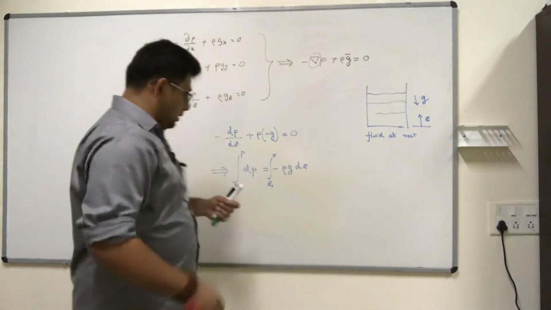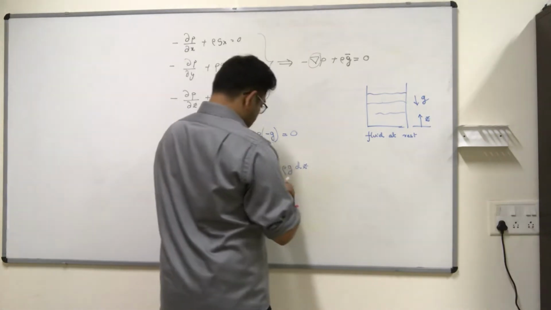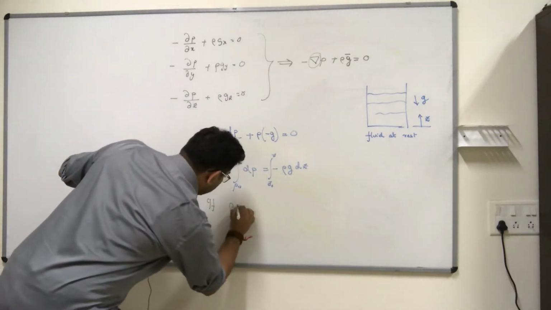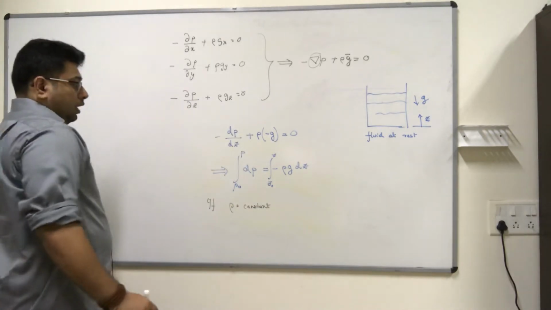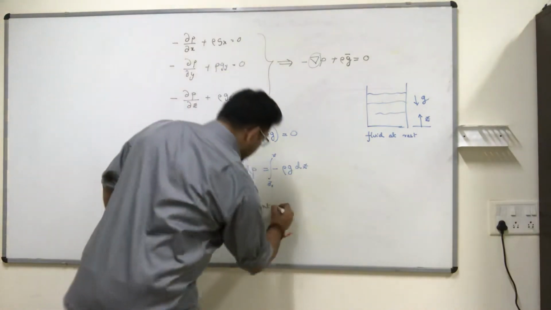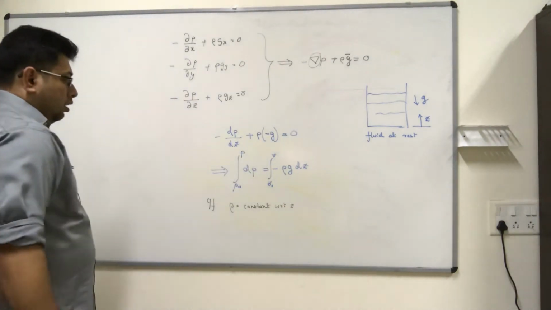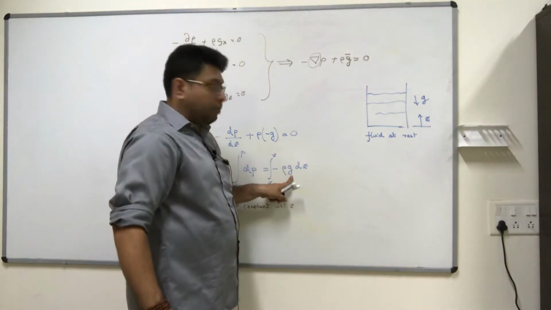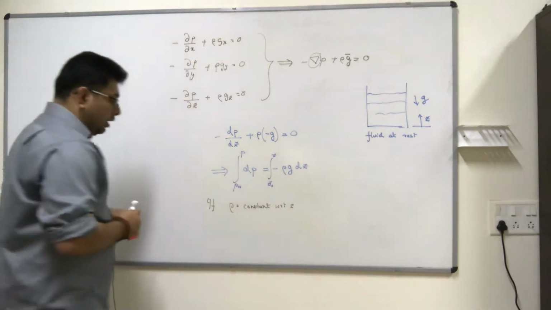If that happens, if rho is constant with respect to z, and the span is not enough for g to vary too much also, then the solution of this becomes very simple, right?